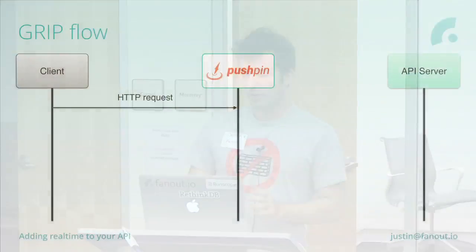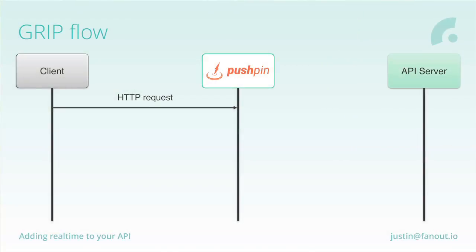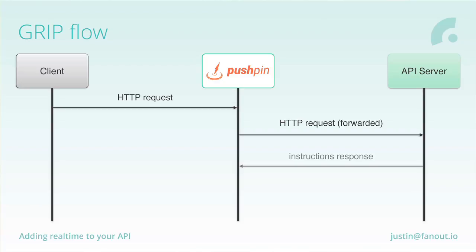So to go through the flow of how this works, you can probably imagine how this works already with the descriptions I've given, but here's a sequence diagram just so it's super clear. A client makes a request to the proxy. The proxy forwards the request to the backend, pretty much as is. So if there's a cookie or authentication header, it's all there. Pushpin does add another header, so you know that it came from Pushpin.